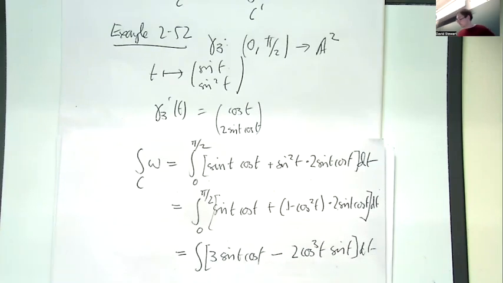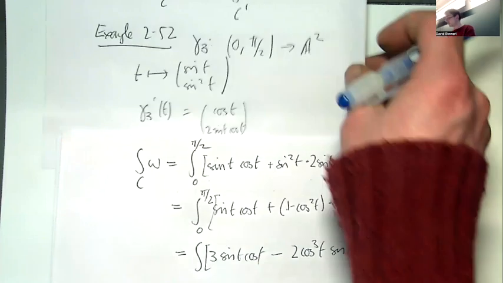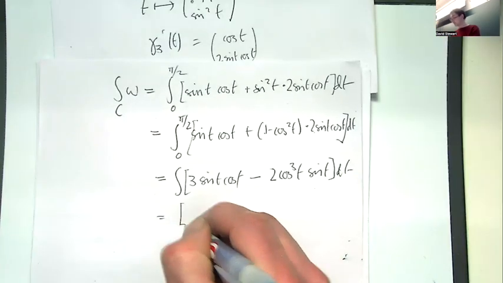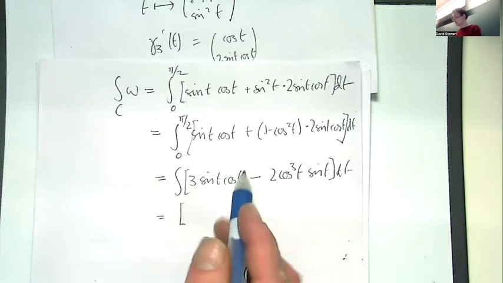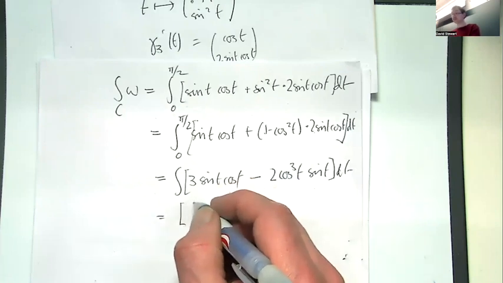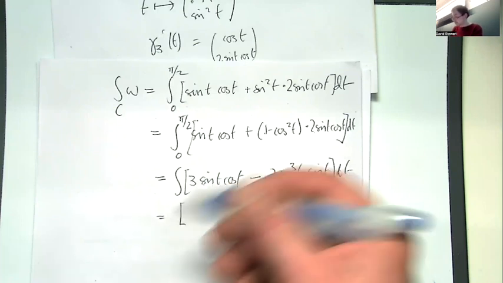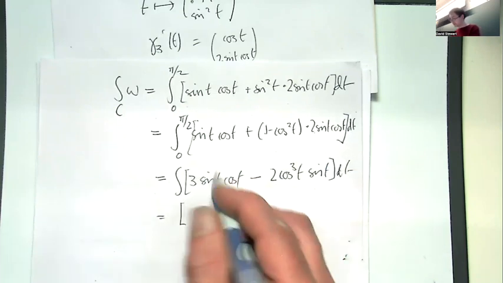So the reason for doing that is that you can now integrate cos by increasing the power and dividing by it, because then it will suck in the sine t. So let's just write it down. Similarly here, we can turn the sine t into sine squared t and suck in the cos.